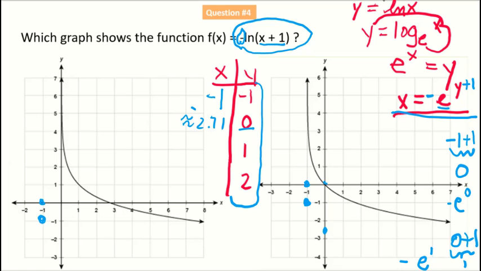But basically, if you go into Desmos and you look at the parent function, the natural log of x, and then you apply these properties to it, then you can start to see what the shift is and what the answer is.